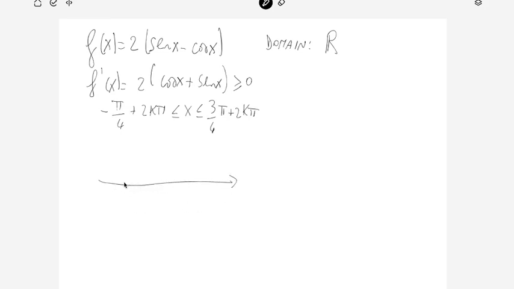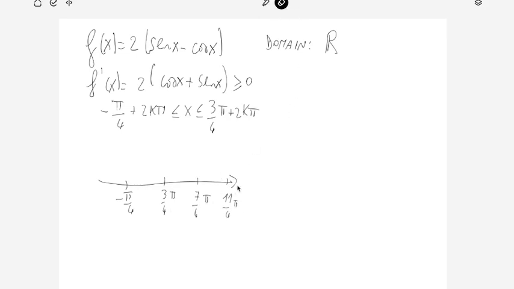Okay, so we have minus pi over 4, we have 3 over 4 pi, and then we have to put all of the periodicity, so 7 over 4 pi, etc., and then if we want 11 over 4 pi.